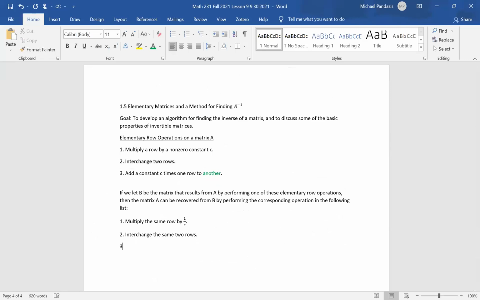Now, there's the third one. This is the hardest one. The original elementary operation was to add a constant c times 1 row to another one. This is now the inverse elementary row operation to that elementary row operation.